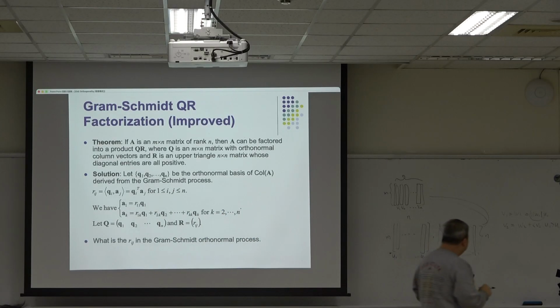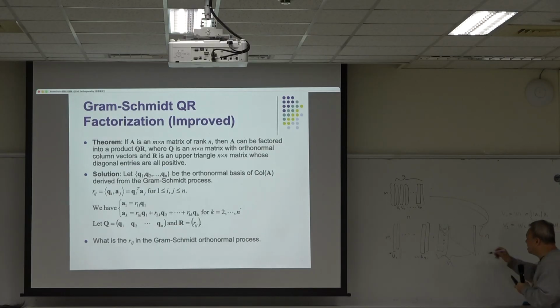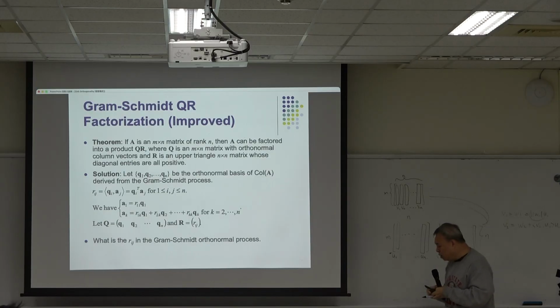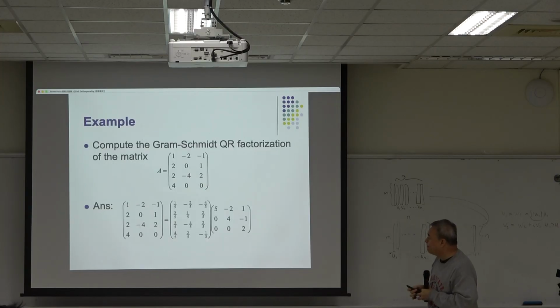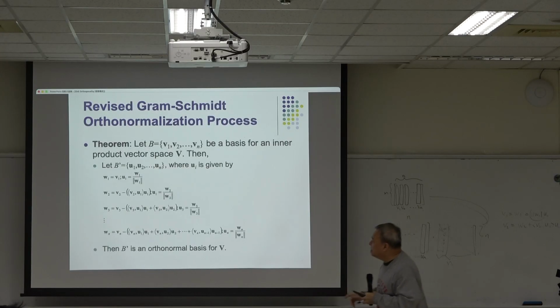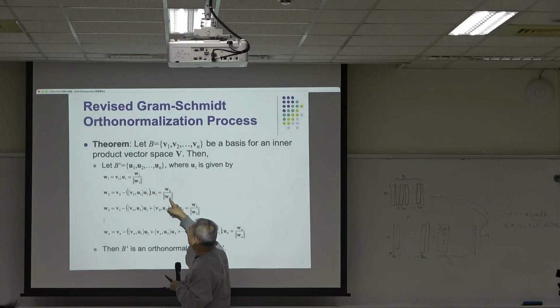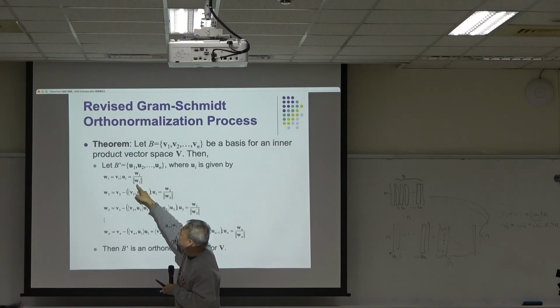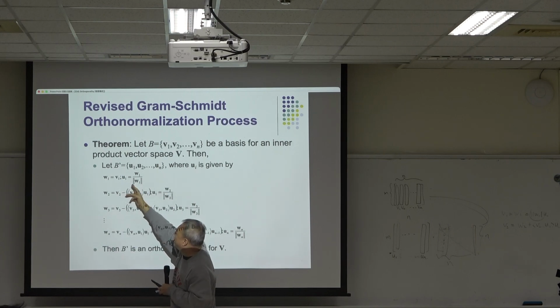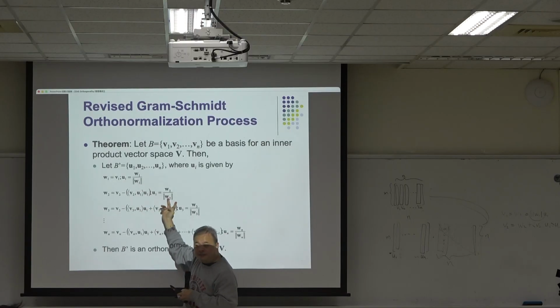And what are these diagonal matrices? Diagonal elements in this matrix. Why are they all positive? Because in this process, when we obtain a U_i, we always need to divide it by its norm, right?